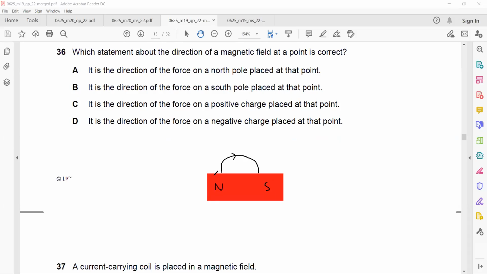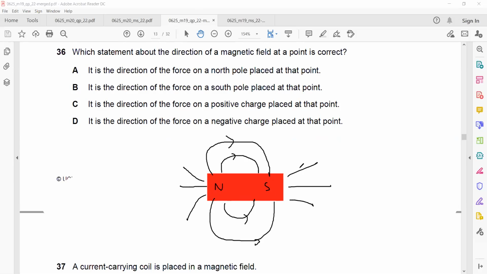We say the direction of the magnetic field is from north to south. Now, how can we work out the direction of the magnetic field? The two options C and D cannot be the answer. That's about the electric field. So A and B can be answered. Now, which one of them?